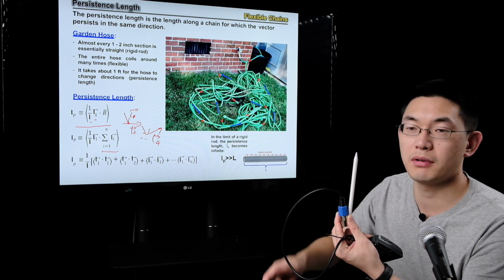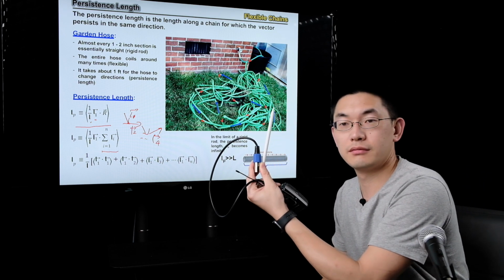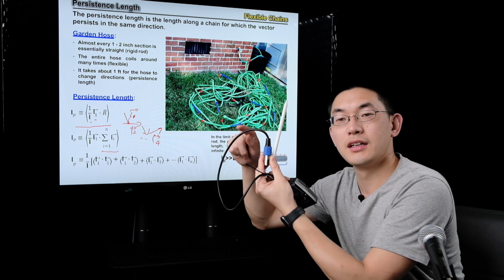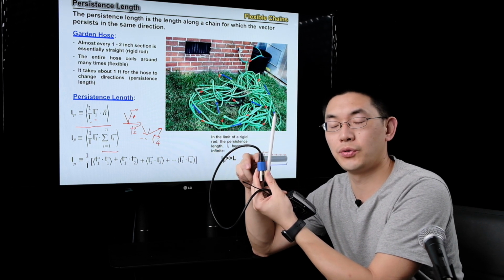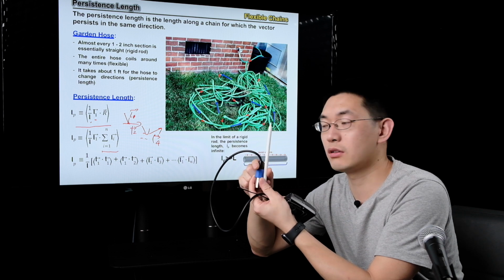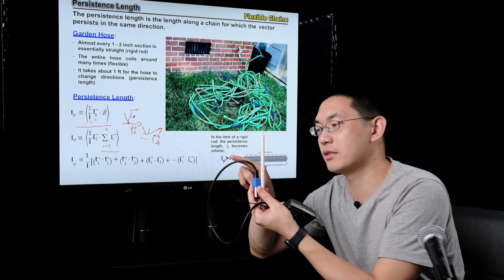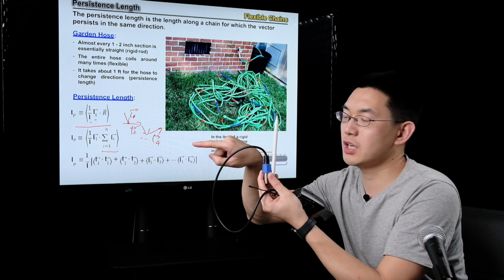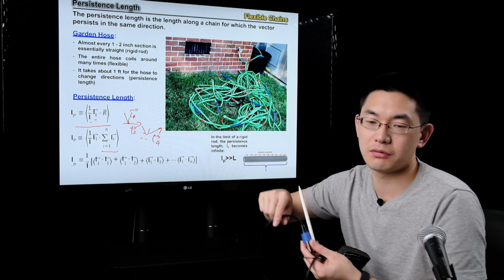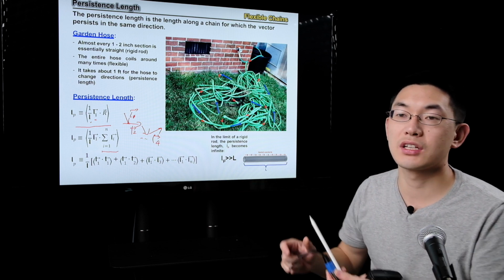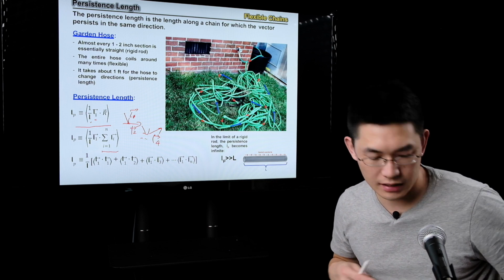As you can see the shape of my tool, right? So the definition of persistence length is very simple: you can envision how long it takes a chain to bend about 90 degrees. So when the chain orientation, which was pointing up, turns to the right by 90 degrees, the distance that it has traveled is roughly the persistence length.